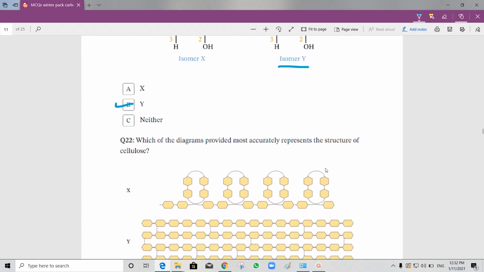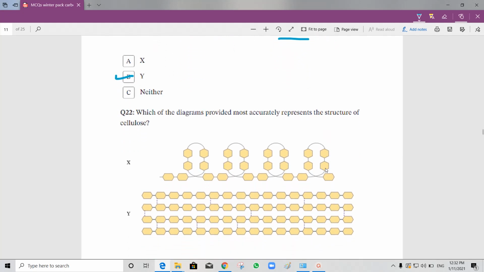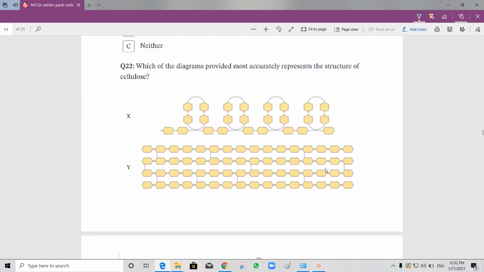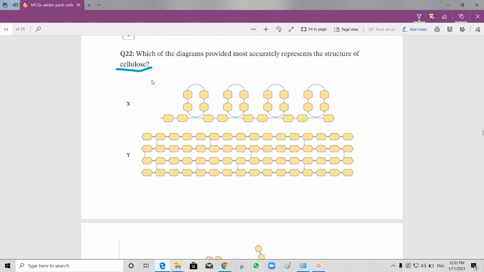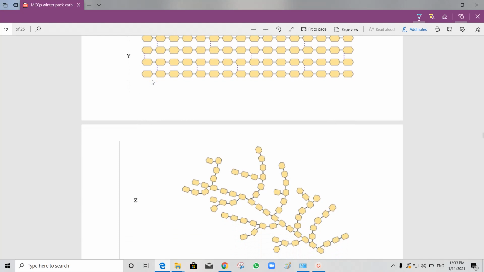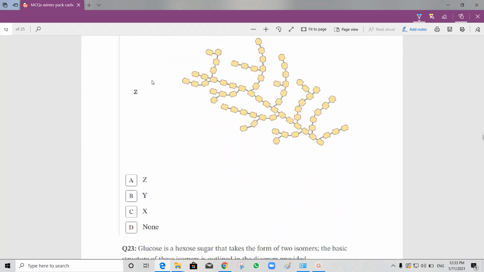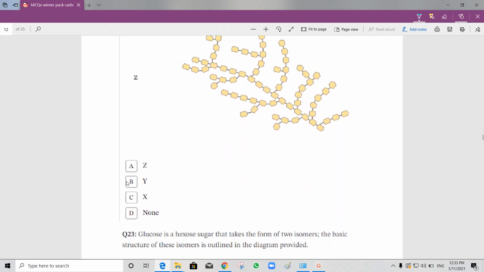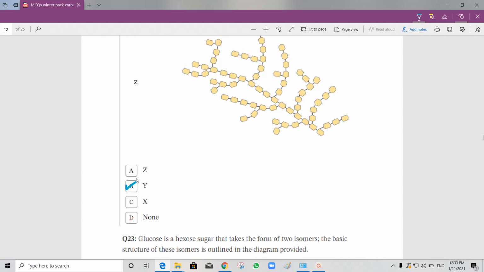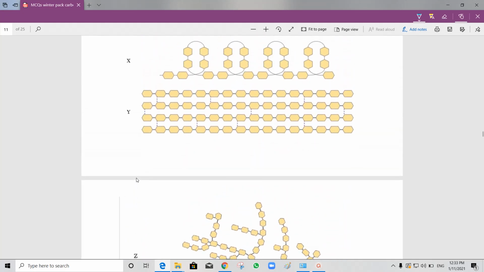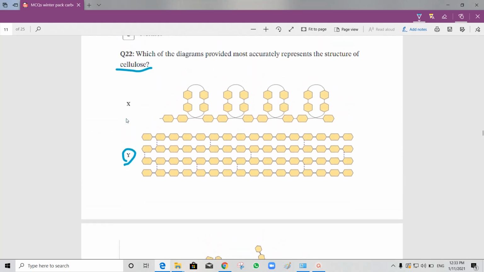Which of the diagrams provided most accurately represents the structure of cellulose? What is the shape of cellulose? Question 22, we have to choose B, which is Y. This is the shape of cellulose.